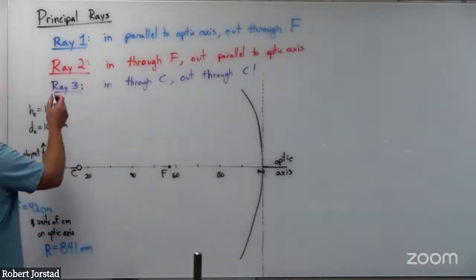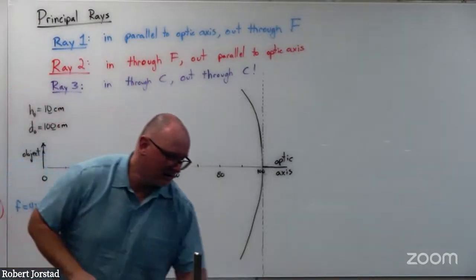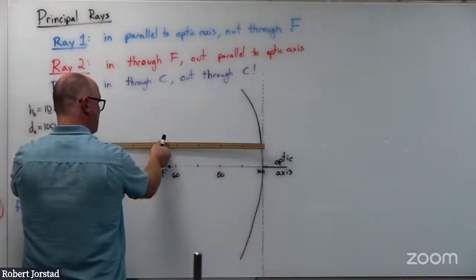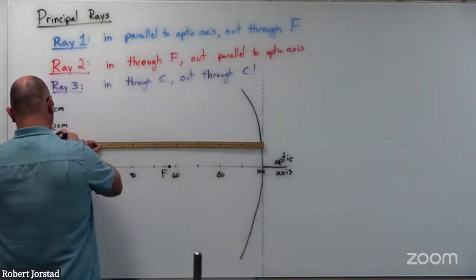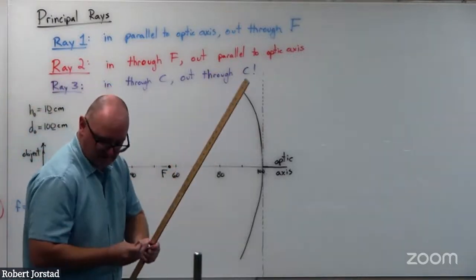Ray 1, we're going to go in parallel to the optic axis and out through the focal point. Oh, and I'm going to try and use the same colors I wrote up there. Sorry.